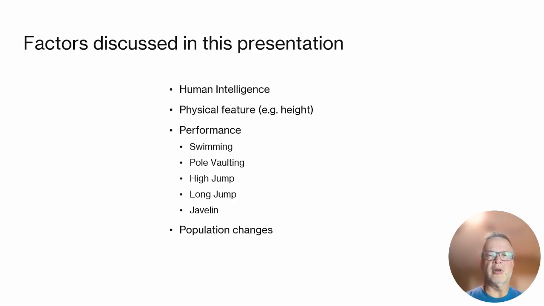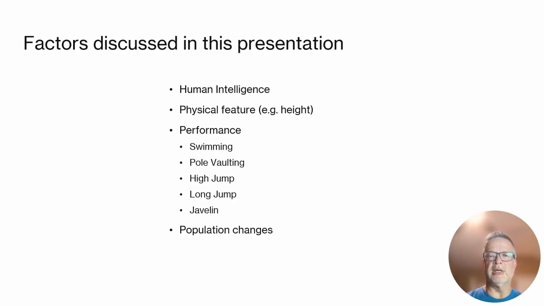And I'll cover human intelligence in general terms, so we won't be talking only about IQ, but something which is called general ability or general intelligence. So those factors are not well defined, however, they tend to behave in a similar way.